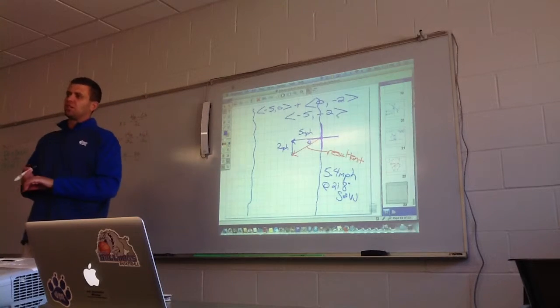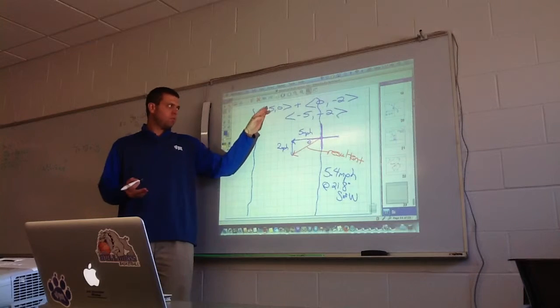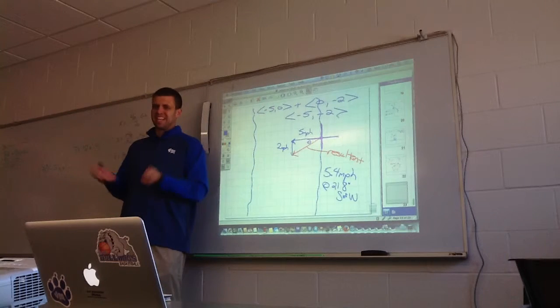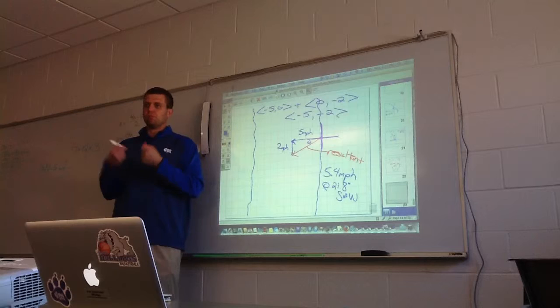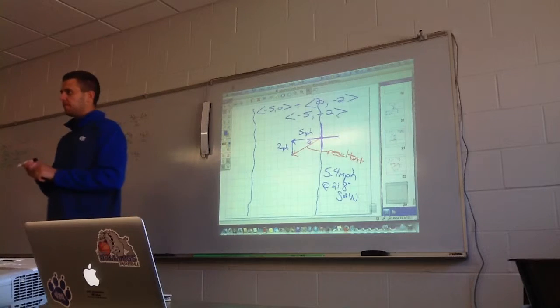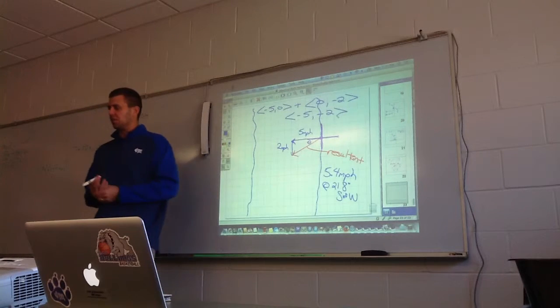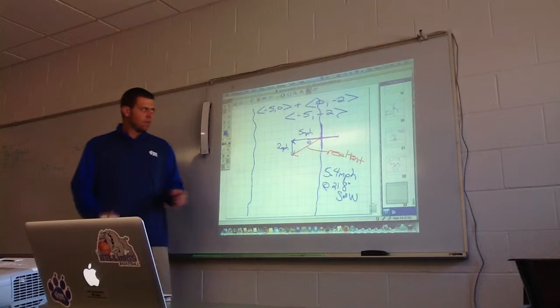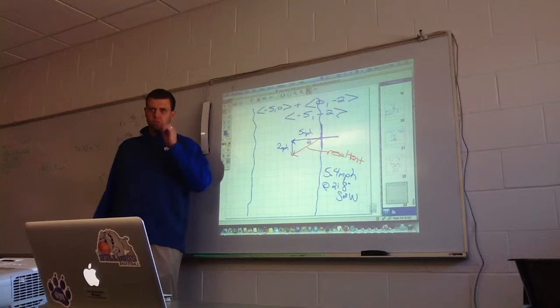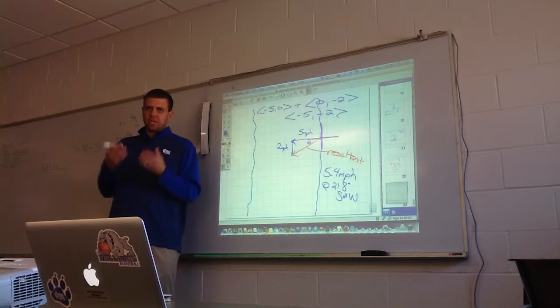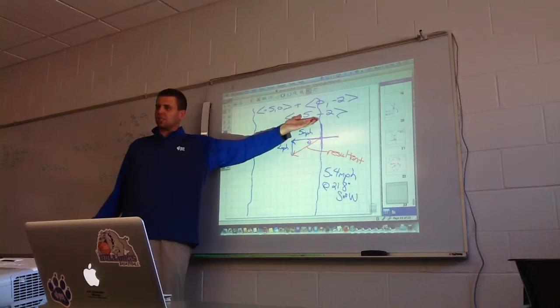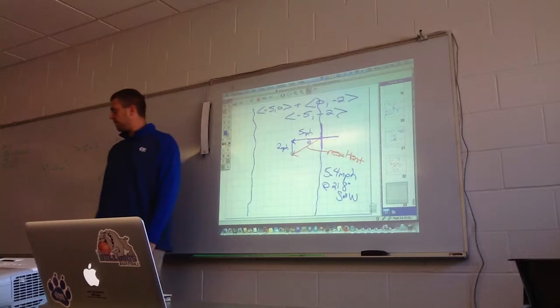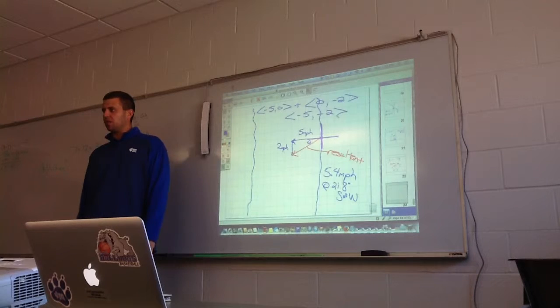You will want to change everything to horizontal and vertical components and then add all those together before you find the magnitude and direction at the end. So you can do x, y, x, y, and add the x's together, add the y's together to draw your final answer as well. You guys understand what I'm saying there?